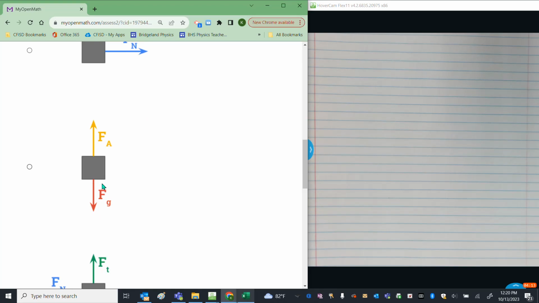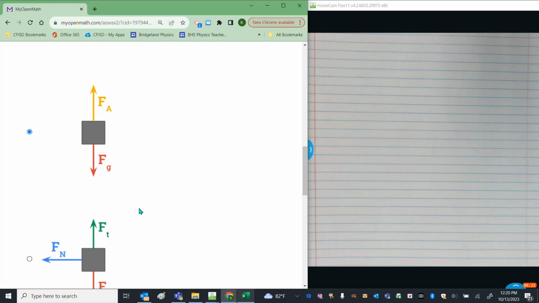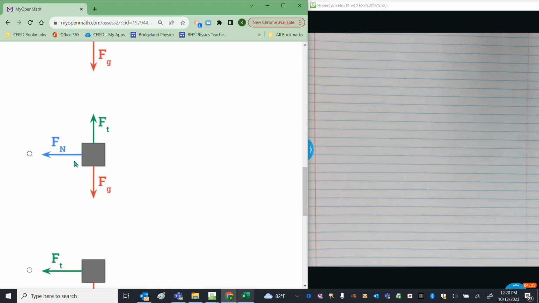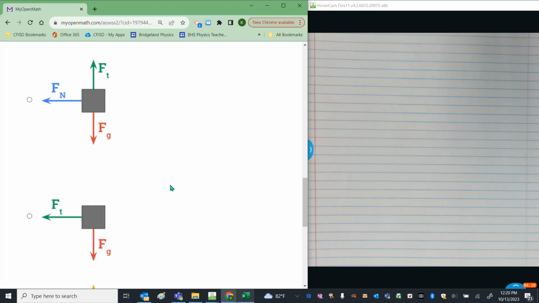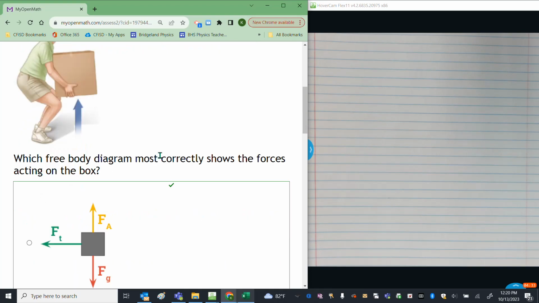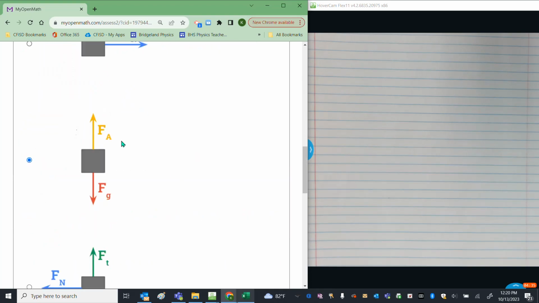Applied and gravitational does. Again, I didn't see anything happening horizontally. I just saw the applied force upward, and the weight would be directed downward. And again, no tension is present. The normal force you would only include if you were on a surface that's pushing back, and again, we don't have that either. So I'm going to go with the one I've already selected. Again, this one right here.